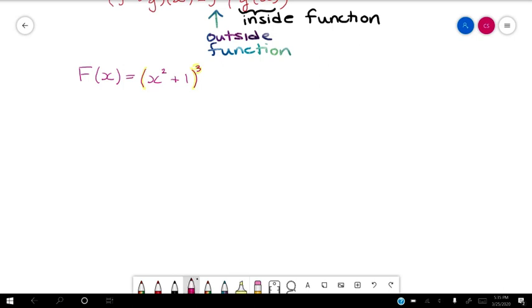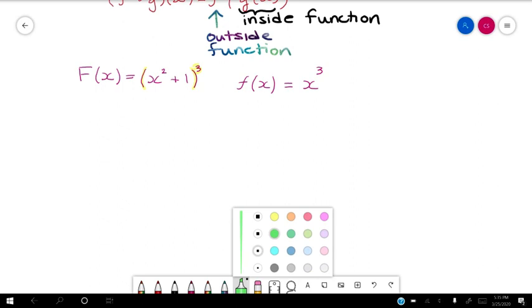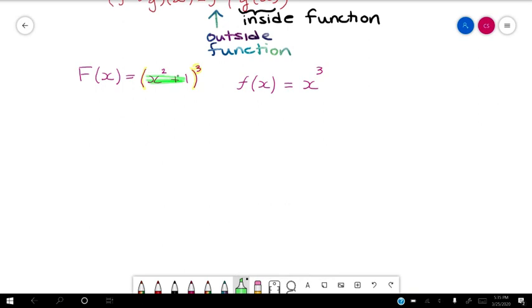So I would call the outside function f, and it's something cubed. And then what's the inside function? Well, it's this part right here. That's what we're plugging into our function. So I would call the inside function g of x, and it's equal to x squared plus 1.